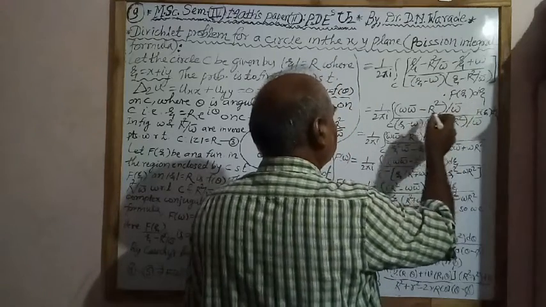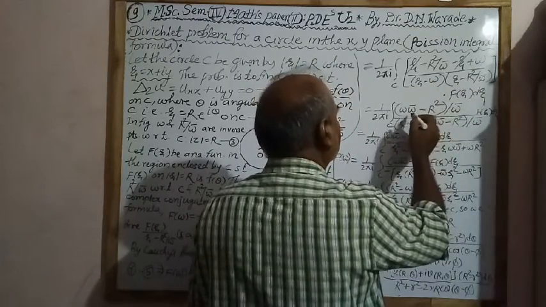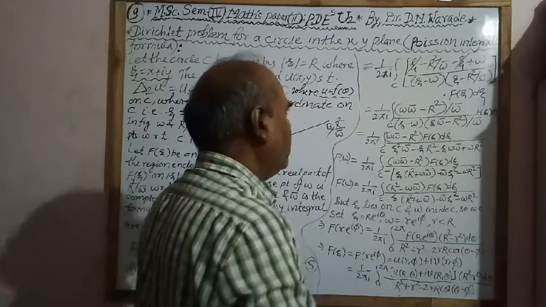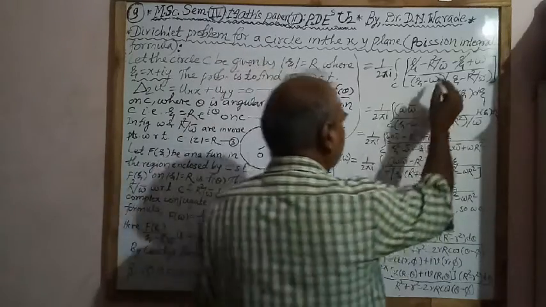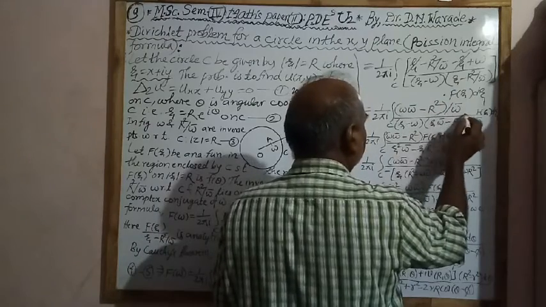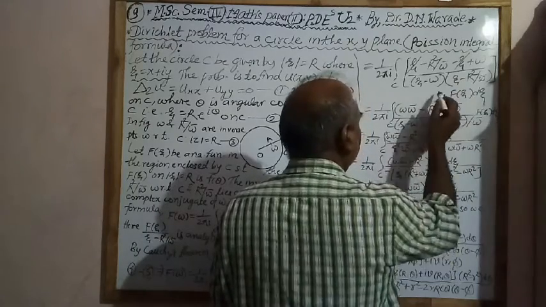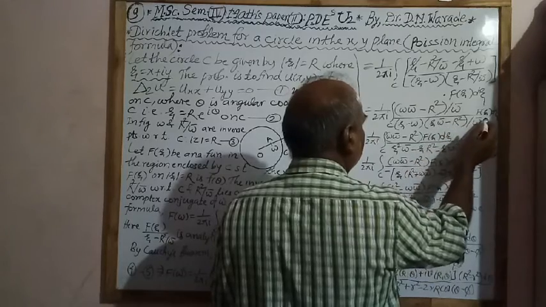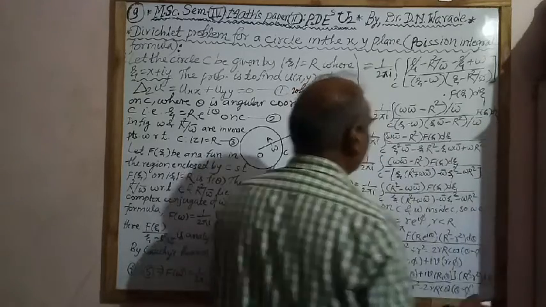Xi minus xi gets cancelled, therefore we have w bar minus r square. Taking w bar as LCM, we get w bar minus r square divided by w bar. Again, w bar minus r square and w bar cancel in the numerator and denominator.